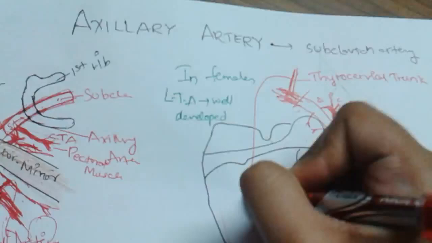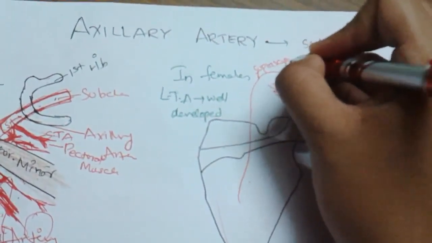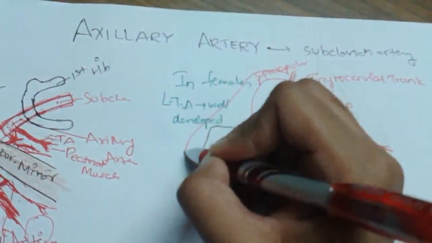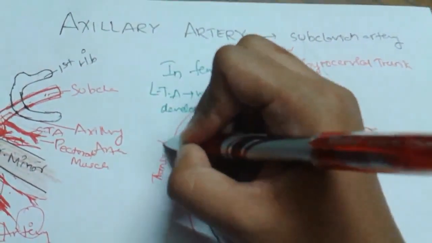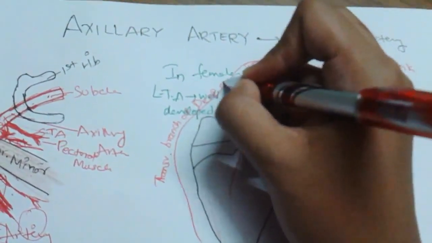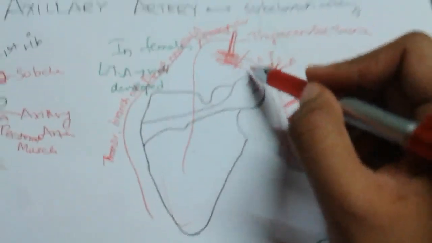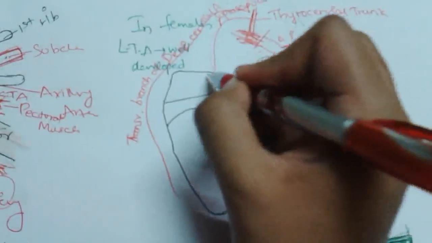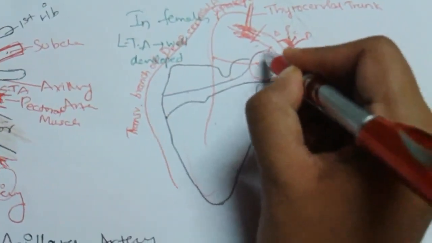One is suprascapular, and the other is transverse branch of deep cervical artery. Okay, let me complete it and then I'll repeat. This suprascapular artery gives a branch to the acromion. So this is the acromial anastomosis around the acromion.